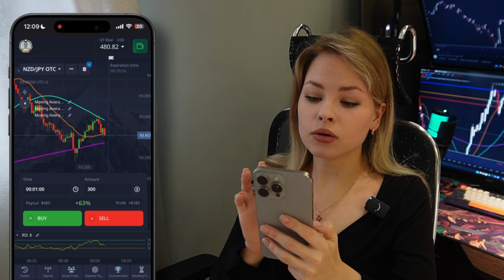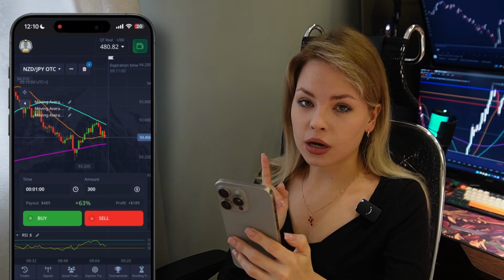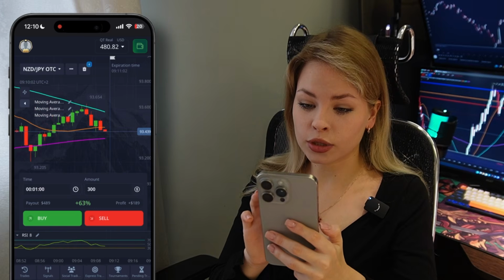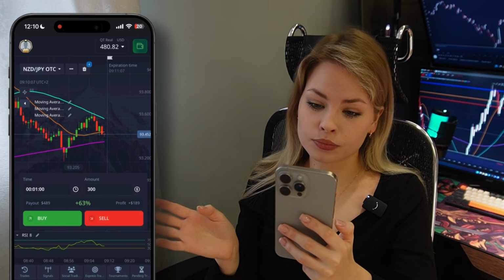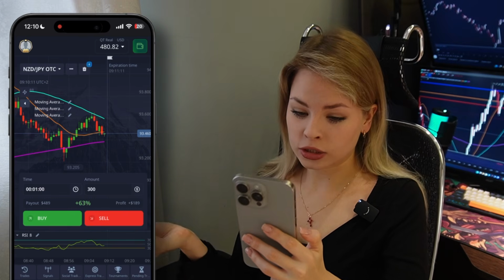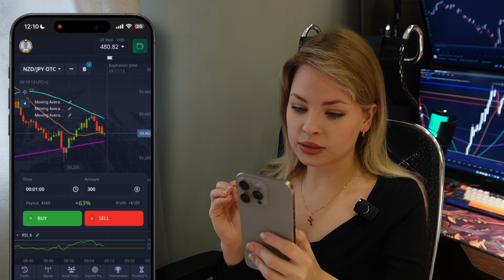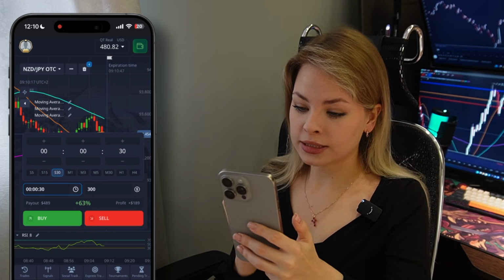So guys, now I choose one currency pair. I think that here is a great situation to have a look at and just to notice some interesting places to enter. Well, I guess that for this currency pair I will change my expiration time to 30 seconds.